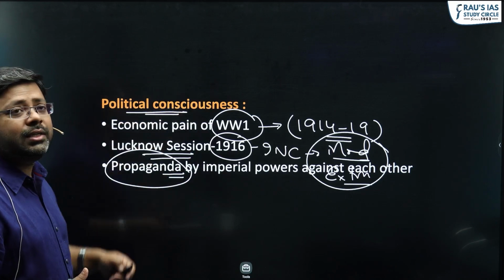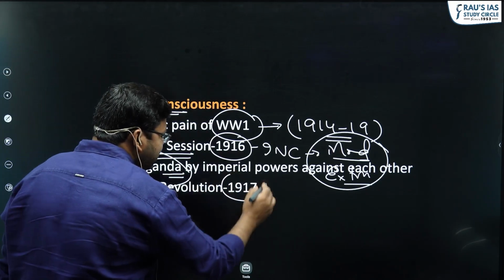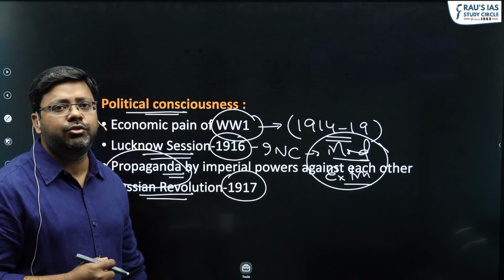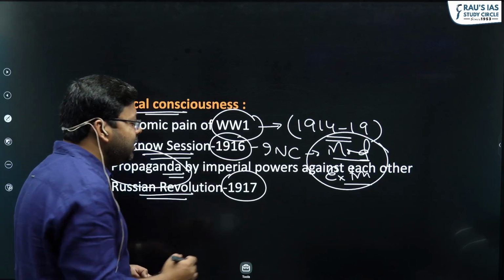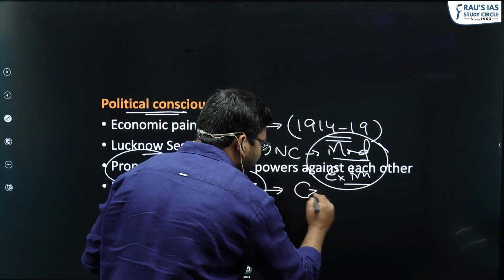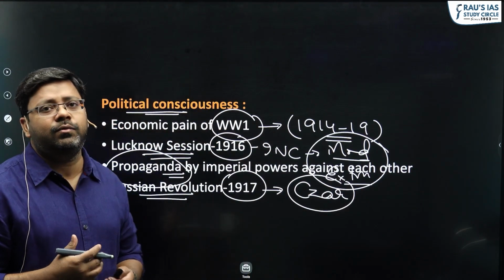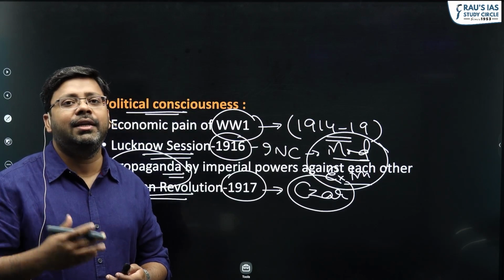leading to increased political consciousness. At the same time, in 1917, there was the big Russian Revolution or Bolshevik Revolution. The simple general people in Russia toppled the powerful monarchy of the Tsar. Don't you think that it would prove very inspiring for the Indians and they would hope to do the same against the British here in India?